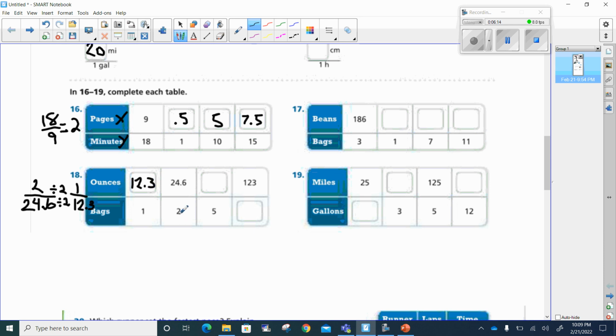Because it means we're multiplying everything on the bottom to 12.3, right? So 5 times 12.3 will be what? Oh, sorry. Totally messed that up, didn't I? 12.3 times 5.